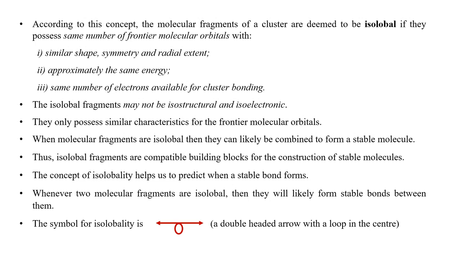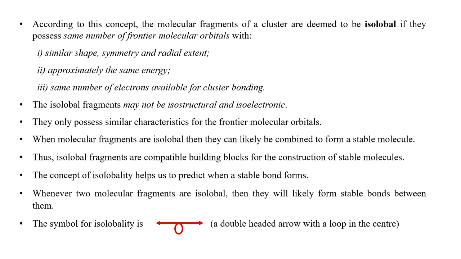According to the concept of isolobal analogy, the molecular fragments of a cluster are supposed to be isolobal if they satisfy certain criteria, that is, if they possess the same number of frontier molecular orbitals. What are these frontier molecular orbitals? We'll be learning in the coming slides.